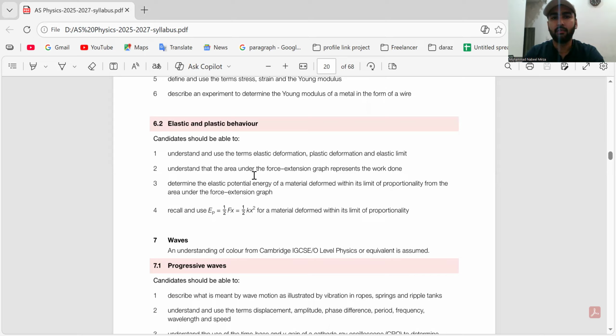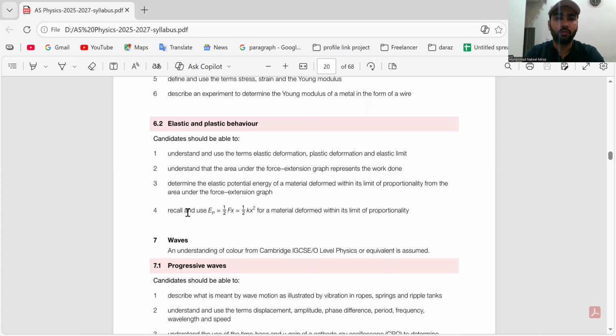Understand that the area under the force-extension graph represents the work done. We will discuss how much force is applied and prepare a graph of it. Next, in step 3, determine the elastic potential energy of a material, which is proportional to the area under the force-extension graph.